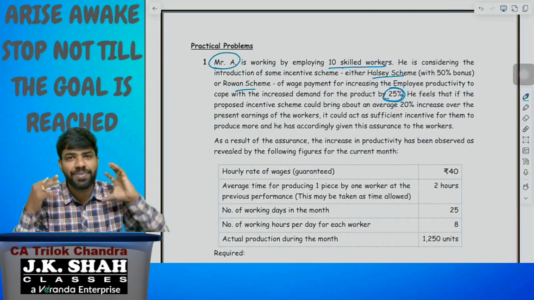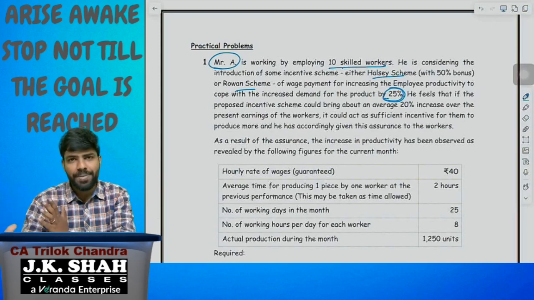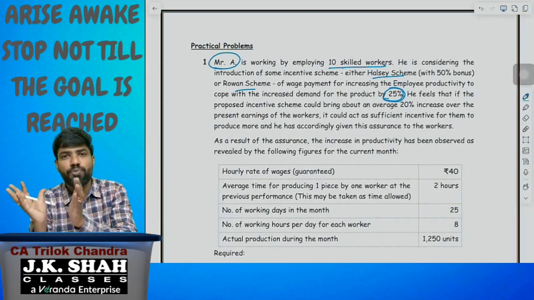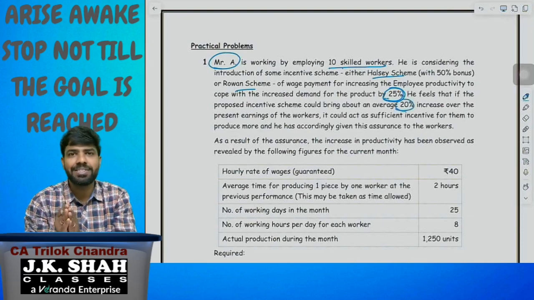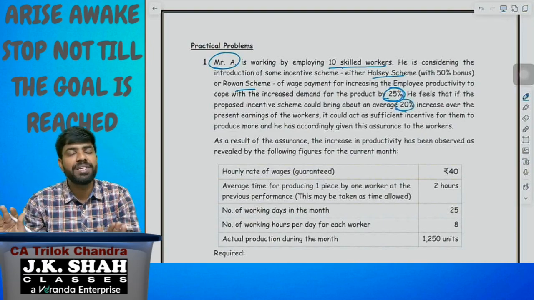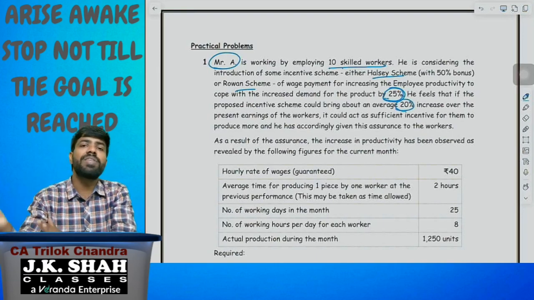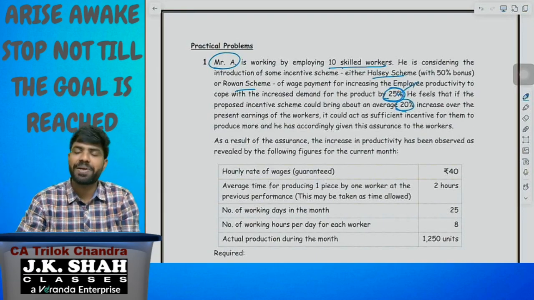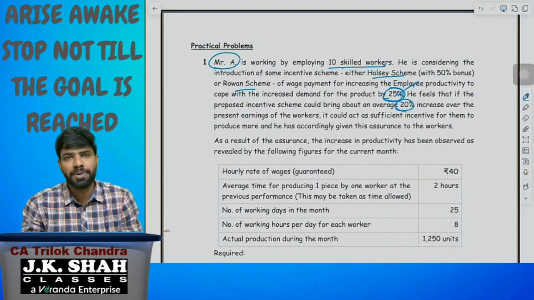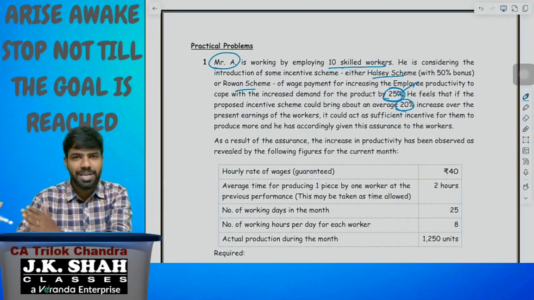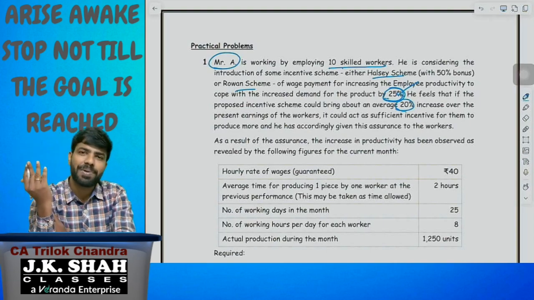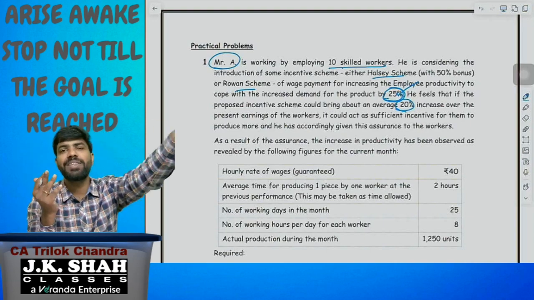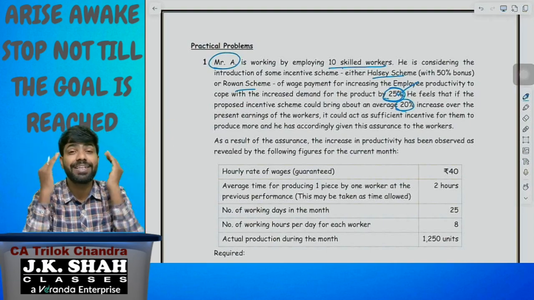He is thinking that if we are able to compensate employees with a 20% increase in wages, it is sufficient for him. If the 20% increase is sufficient for the workers to give output in excess by 25%. So the planning is very simple. Let us increase the wages by 20% so that they can deliver the work which can increase the production by 25% so that he can satisfy the demand. That is what he is thinking.